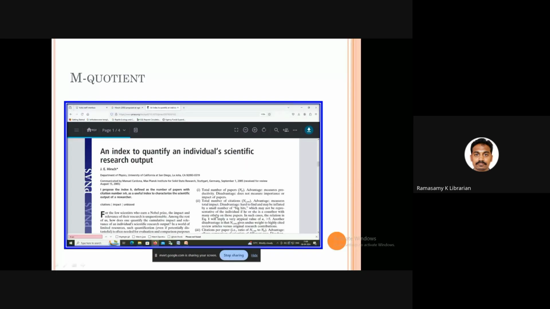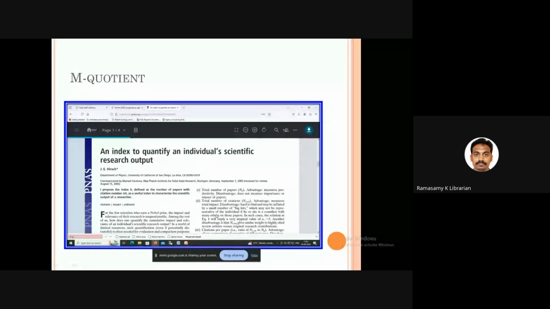So these are the normally used research metrics: H index, G index, and I-10 index. Apart from these indices, there are many other indices proposed by various researchers over a period of time, because these researchers have found out some issues or some problems in the H index or G index and such other indexes.